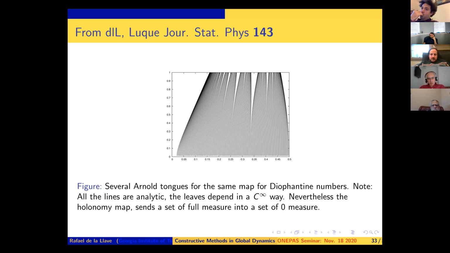They go from a set of measure 1, and at the end you get measure 0. There are infinitely many lines, all of which are analytic. Looking at them horizontally, they are C-infinity in the Whitney sense, but nevertheless they manage to send a set of full measure into a set of measure 0.